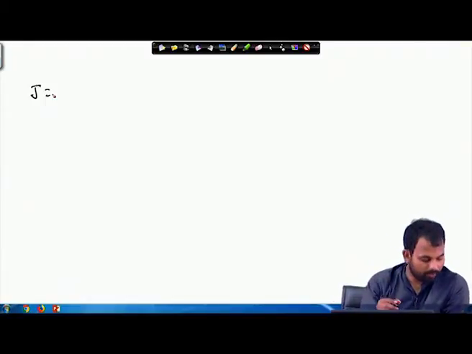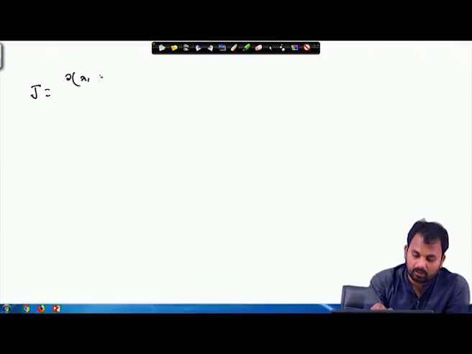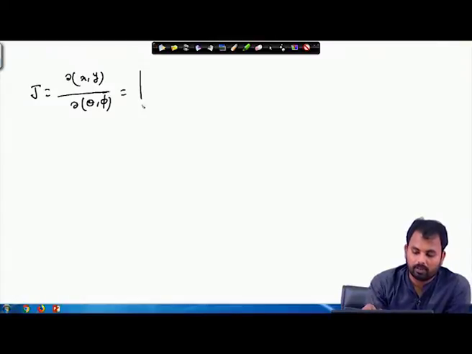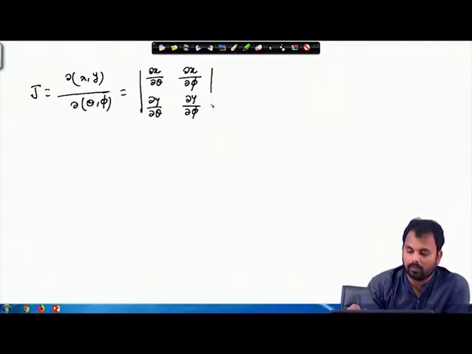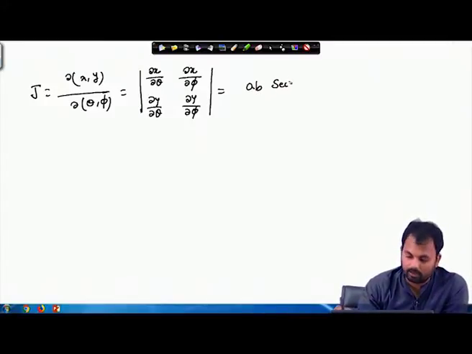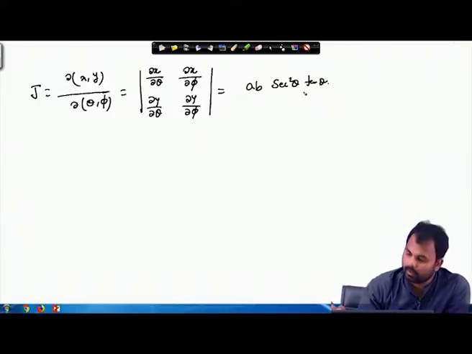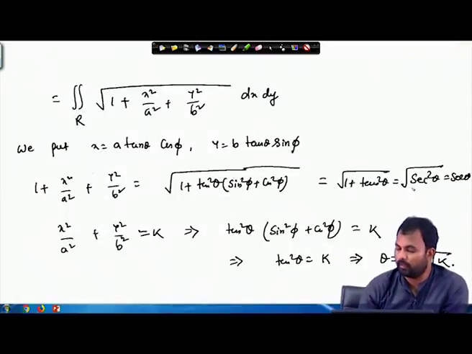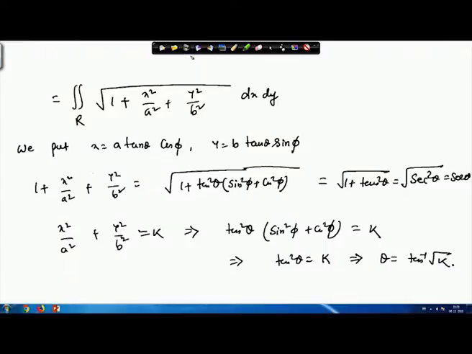So the Jacobian is del x y by del theta phi, which is the determinant of del x del theta, del x del phi, del y del theta, del y del phi. If we calculate this whole thing, it will be a b sec square theta tan theta. All right. So we have got our Jacobian, our integrand as sec theta, and we have also got our theta.